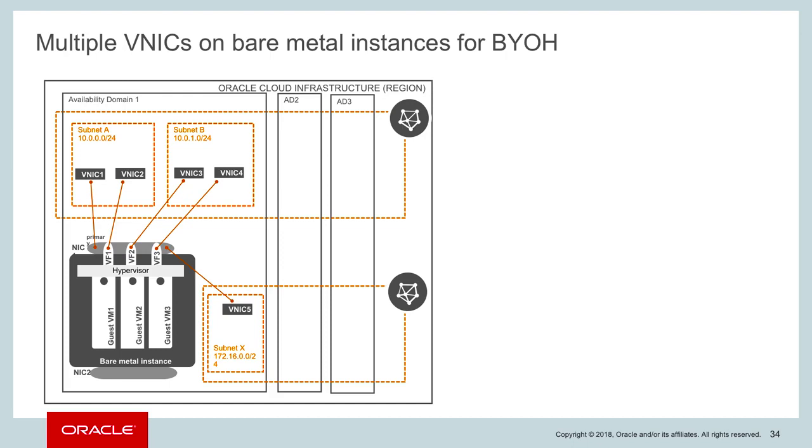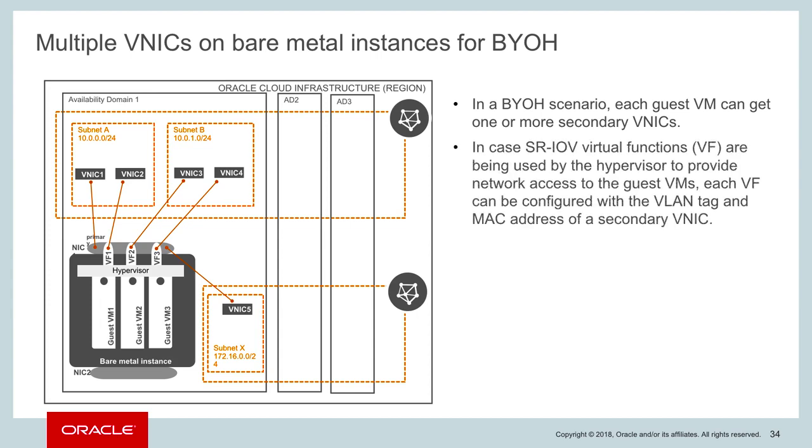You can have multiple VNICs associated to your host, and then associate them to a specific guest as well. One of the use cases for secondary VNICs is the bring your own hypervisor scenario. In that case, we use a technology called SR-IOV, which provides separate virtual NICs for each virtual interface.